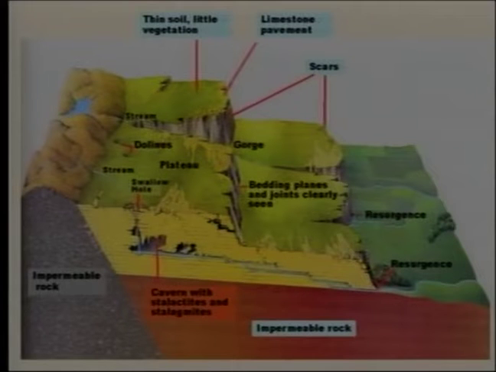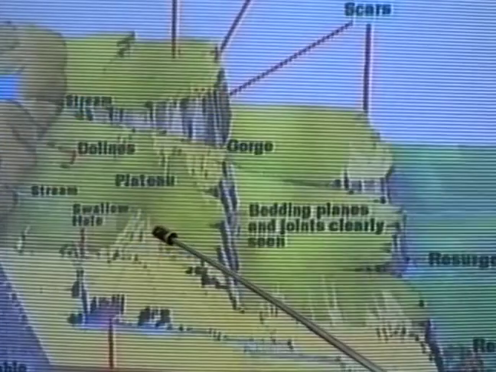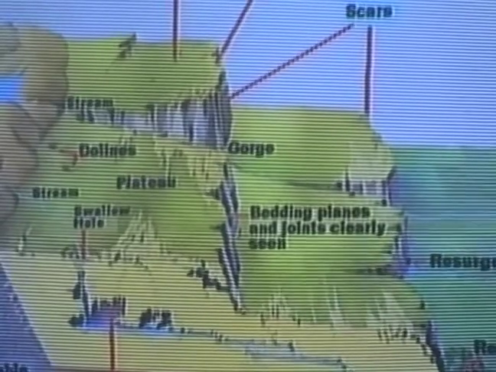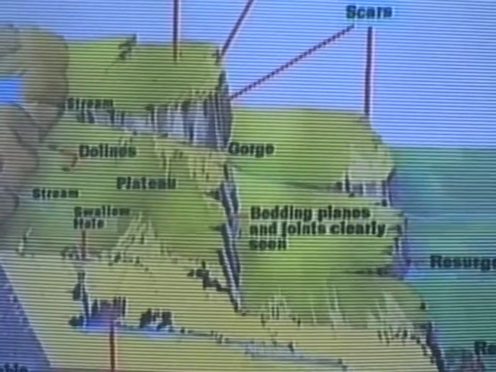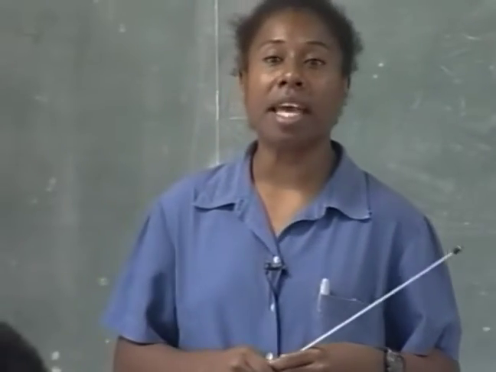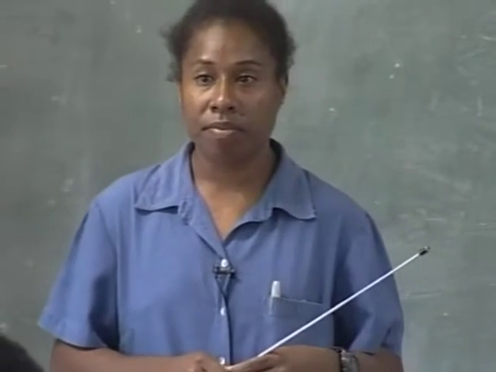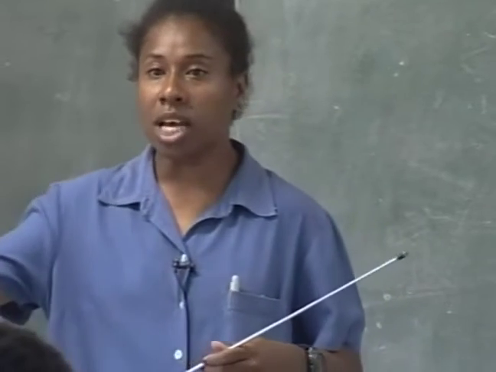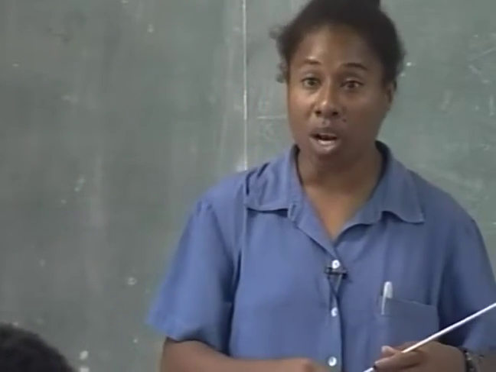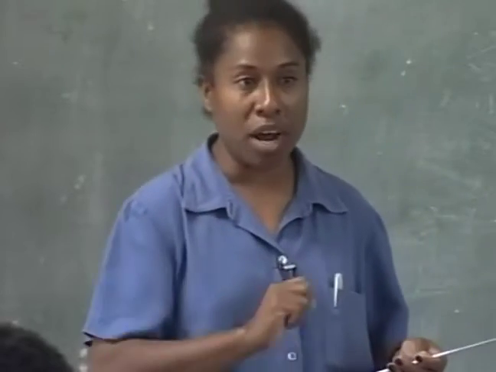Number three, another characteristic of a karst scenery is that there are features such as swallow holes. We go back to a photograph that we looked at in the last lesson, where we looked at the gaping holes, whereby water which comes on the surface disappears into the swallow holes and goes underground.